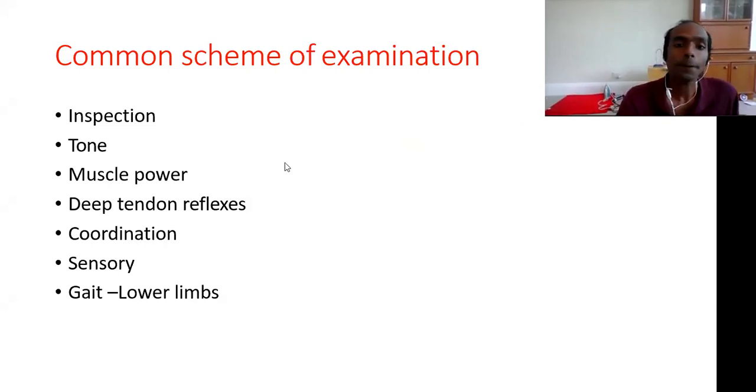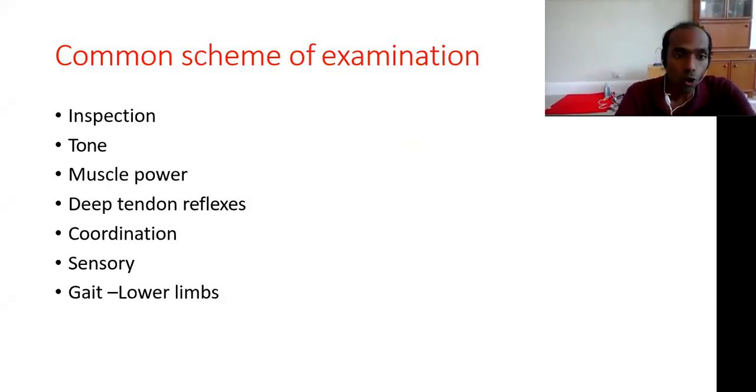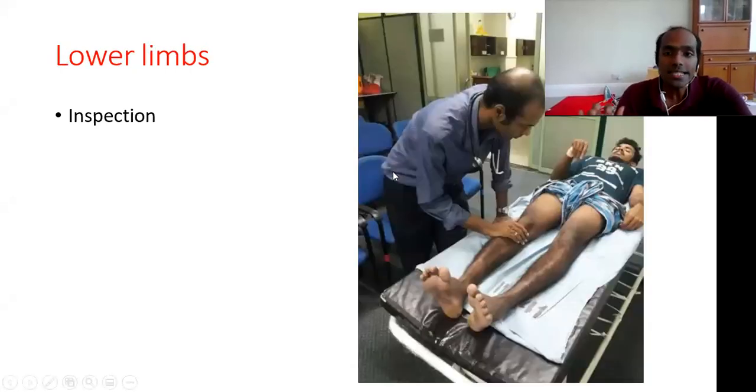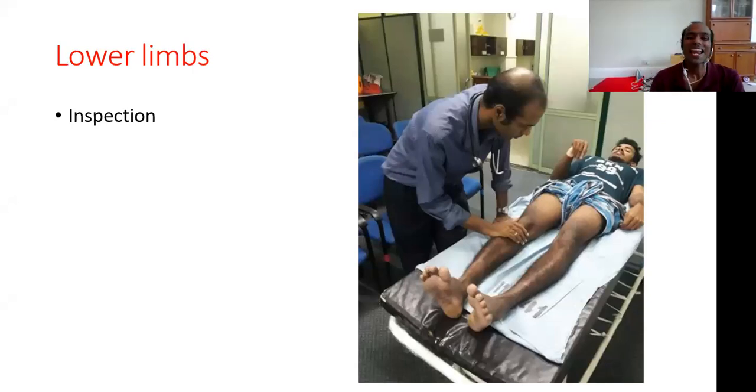Right. Now I will just go through the techniques with you. We start off with the lower limb examination and we'll move on to the upper limb later. So as I said, the first thing to do is inspection. Lower limb inspection is the first thing to do. And here basically you are looking at any obvious wasting.